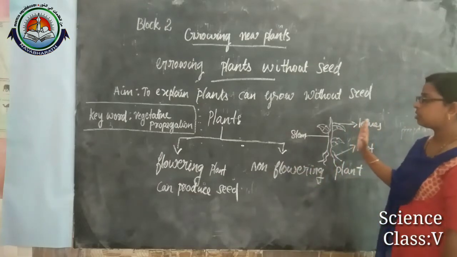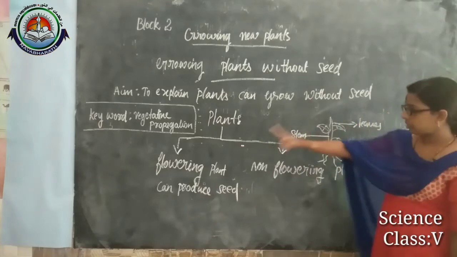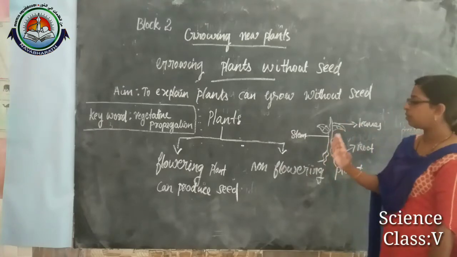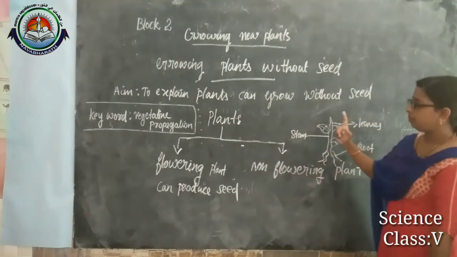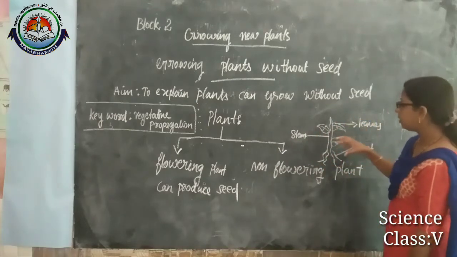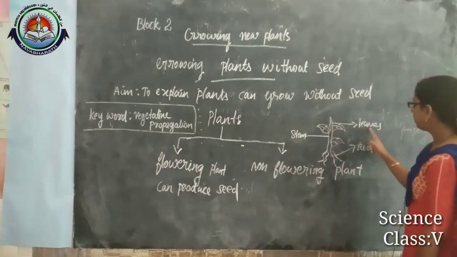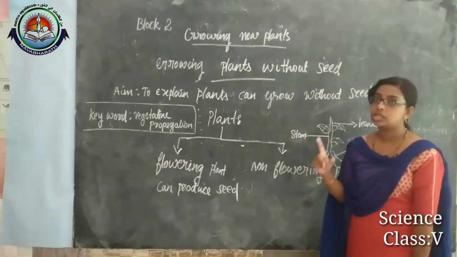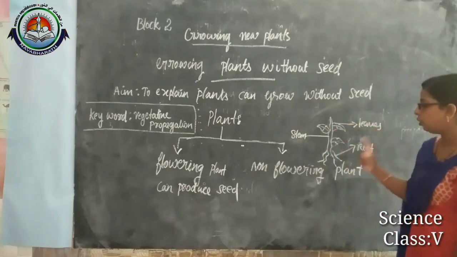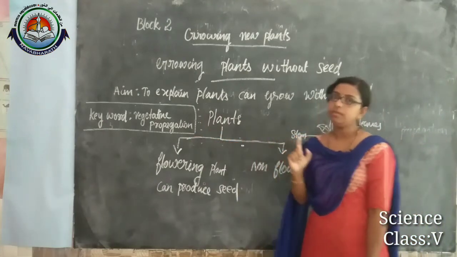So that process of producing or growing plants without seed is considered as vegetative propagation. In vegetative propagation, a new plant is produced from the body parts of a plant. The stem, leaves and root are considered the vegetative parts of a plant. So the production of a new plant from the vegetative parts of a plant is vegetative propagation.